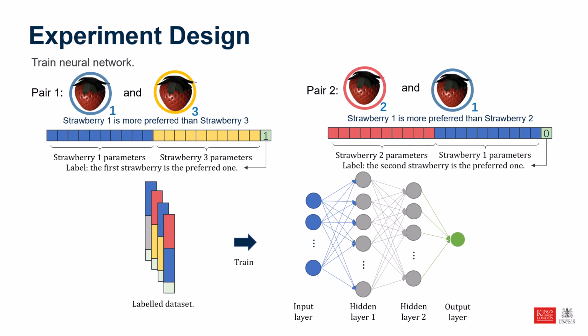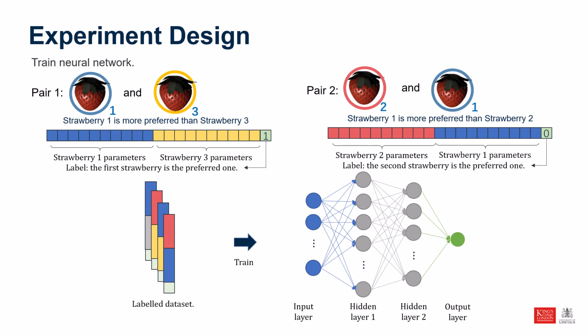A neural network with two fully connected hidden layers is trained on data in such a format. When using this neural network for classification, we feed it a parameter vector generated from two strawberries' parameters.